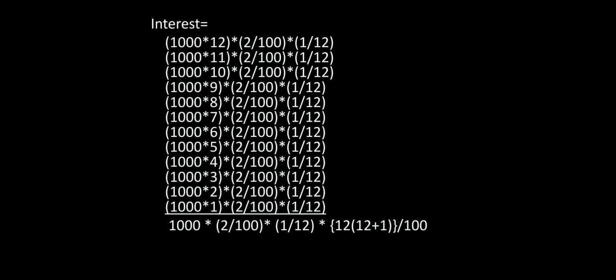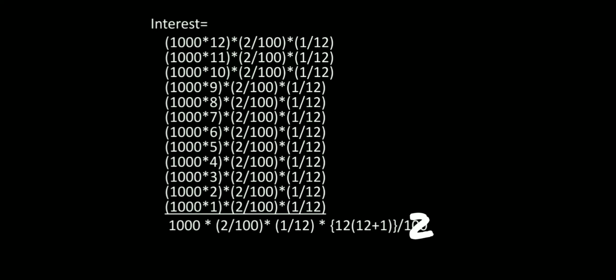It is counting from 1 to 12, and using the formula we listed before, the sum of n numbers is n into n plus 1 by 2. We will get 12 into 12 plus 1 by 2. Note that by mistake I have written 12 plus 1 by 100, but it will be 12 plus 1 by 2, not 100.